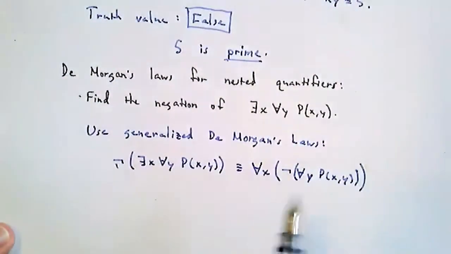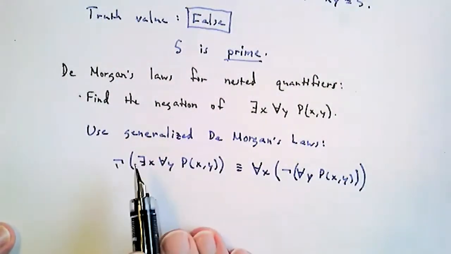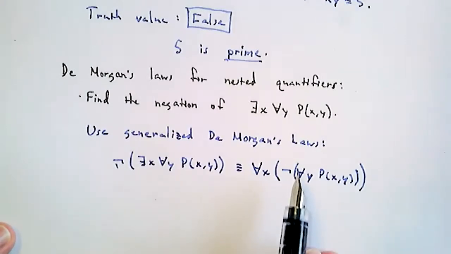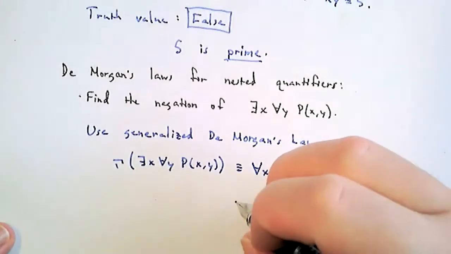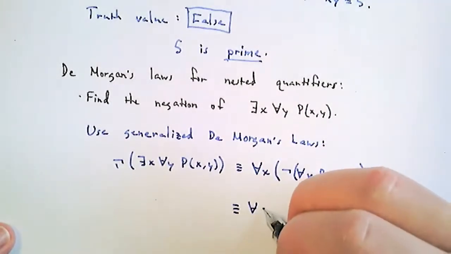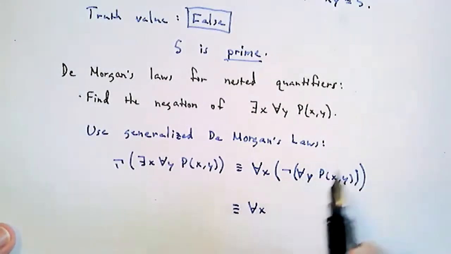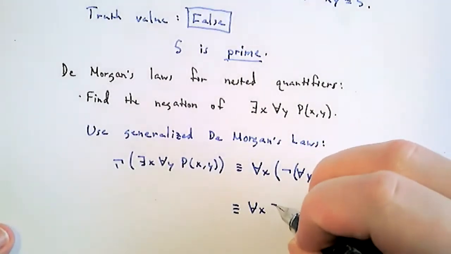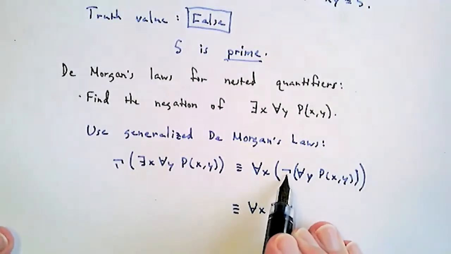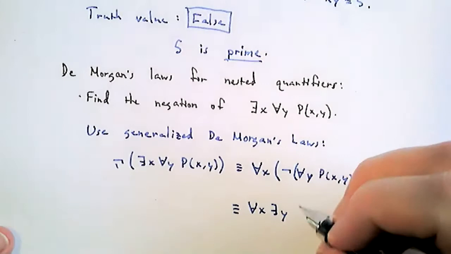So we distributed the negation inside of the existential, and now we have to distribute it inside of the universal. In order to do that, I'll leave this first one alone, and this one will switch to an existential quantifier, and then I'll move the negation further inside.